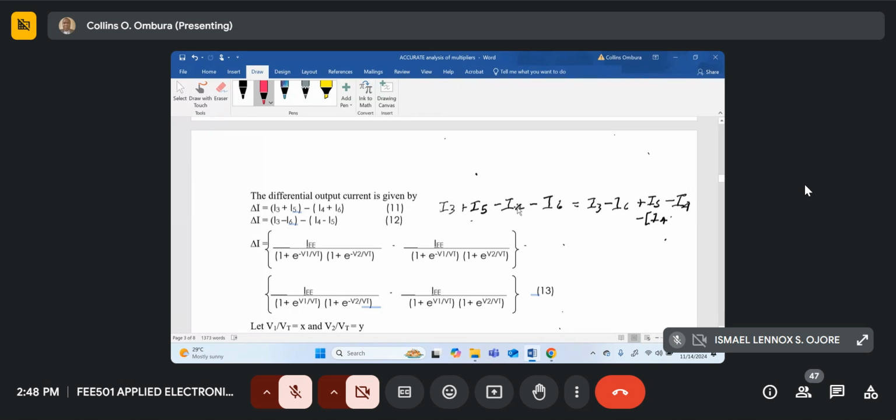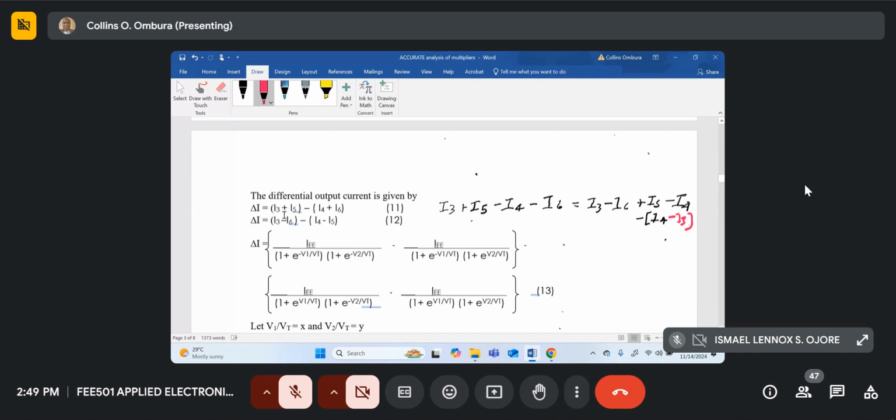So in this equation, you can rearrange it and put it that way, which is the same as this equation 12. We'll need this, that's why I'm rearranging it that way.